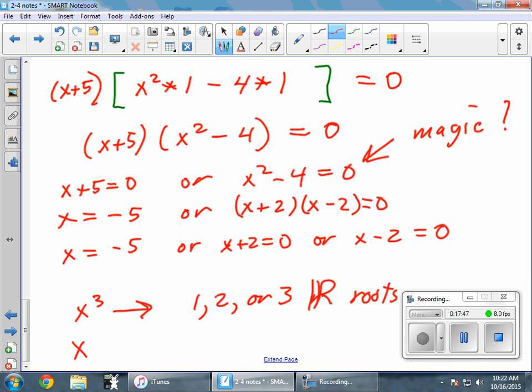If you have a fourth degree polynomial, like the one we started with, the fundamental theorem of algebra tells us what? 0, 1, 2, 3, or 4 real roots. You might have 0 on that because it's an even numbered exponent. You know, that W or that M-shaped graph can be above the x-axis or totally below the x-axis. Whereas this third degree one has to have at least one real root.